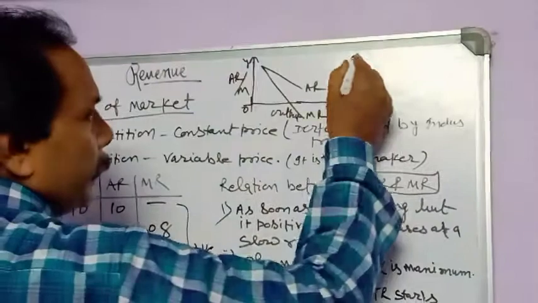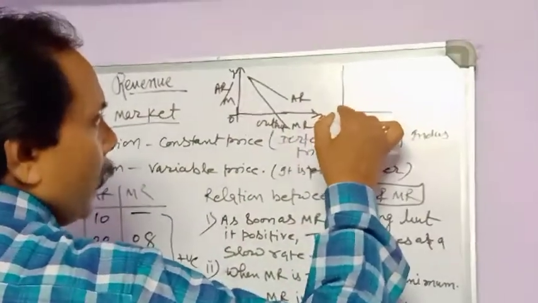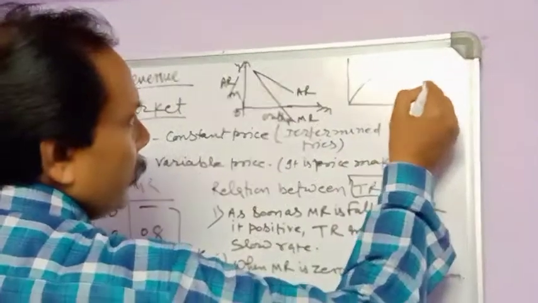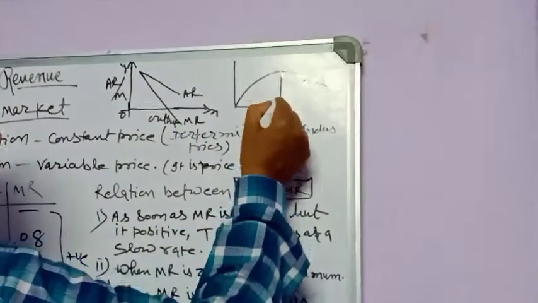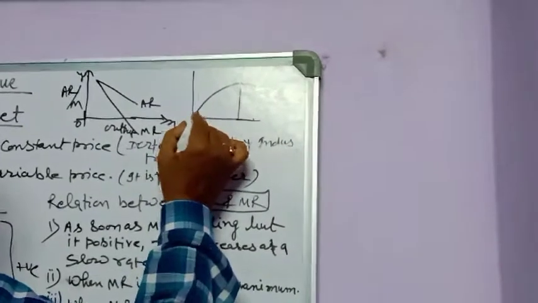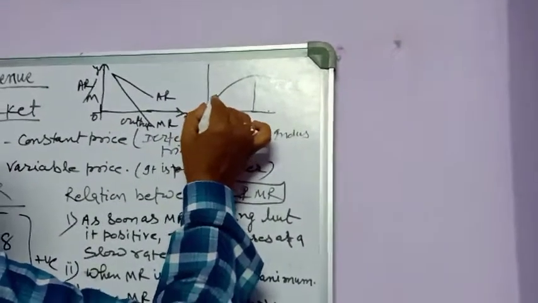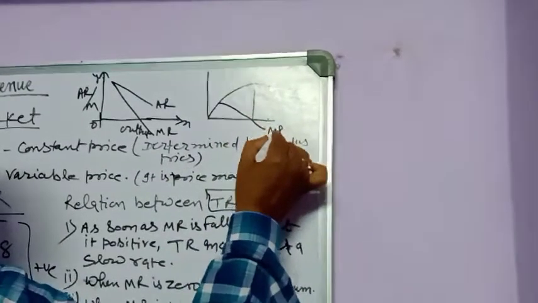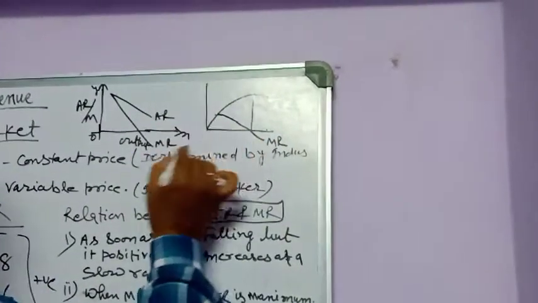And in case of TR, it will be like that. This is the TR. So this is the situation when MR becomes 0.